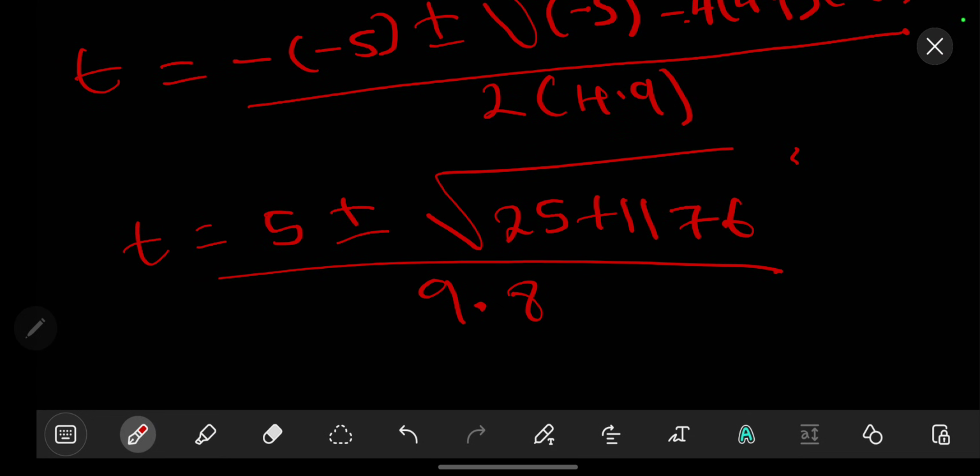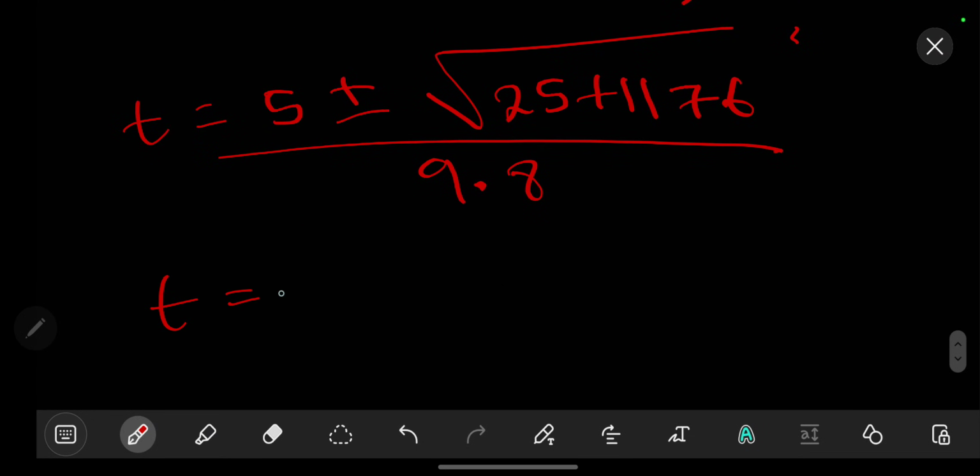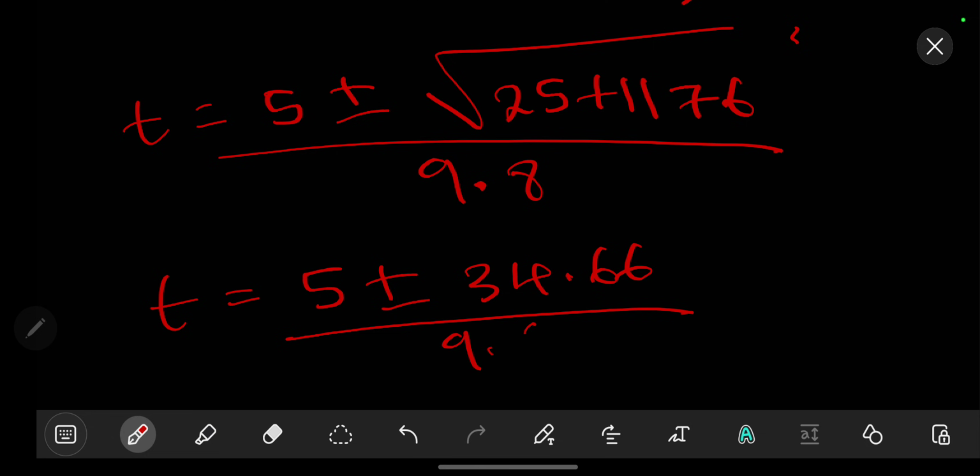So our t should be equal to 5 plus or minus the square root of this value. It's going to give us the square root of 25 plus 1176. This is going to give us 34.66. Then we divide over 9.8.